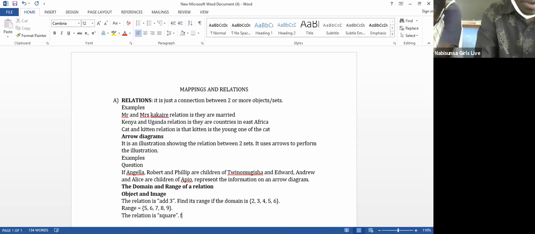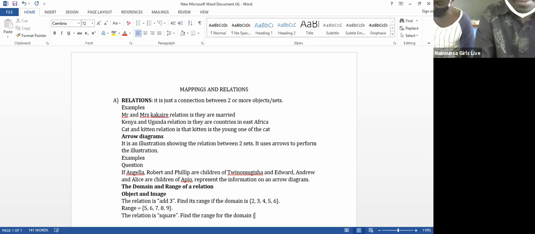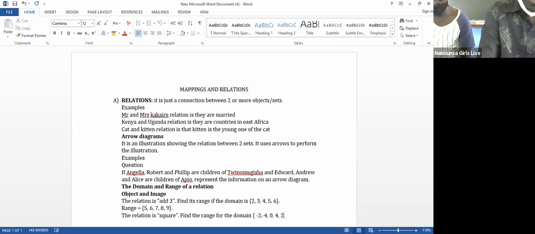So we are also going to find the range for the domain -2, -4, 0, 4, 2. Let me stop there. So somebody is going to share with us their range.